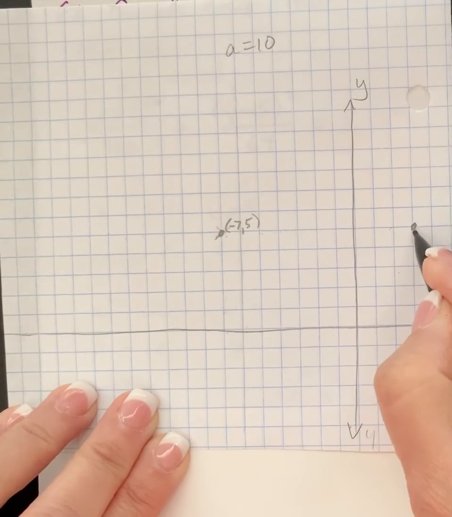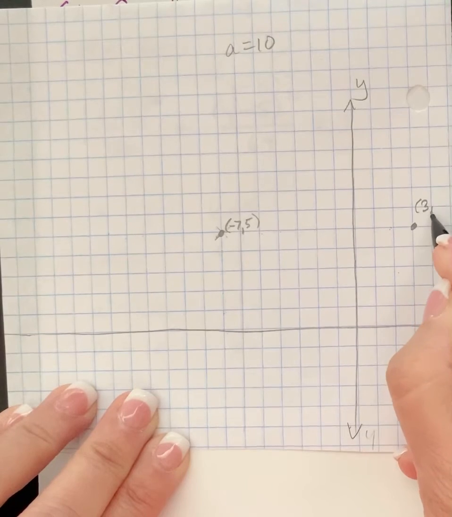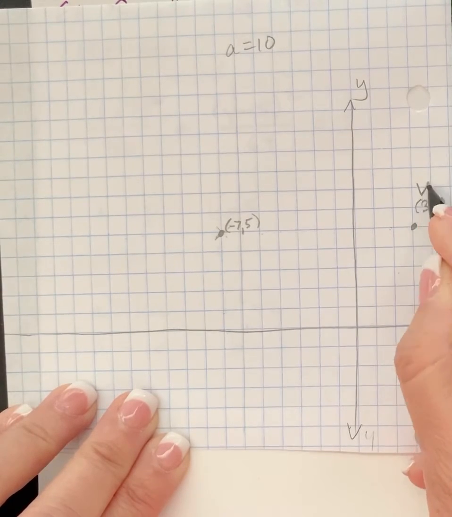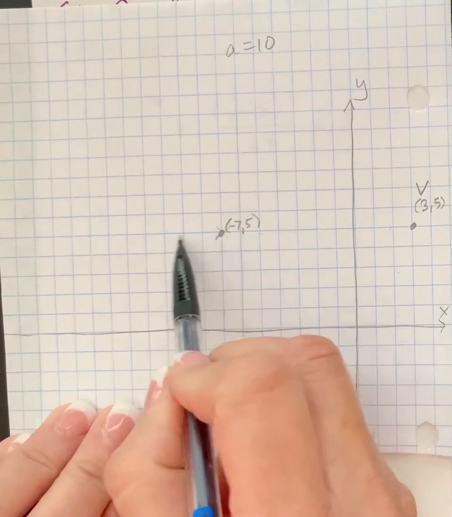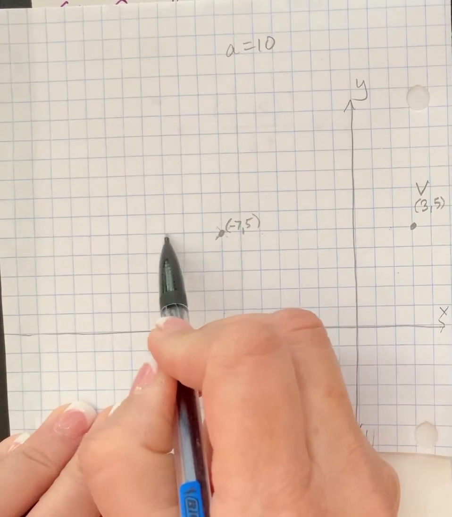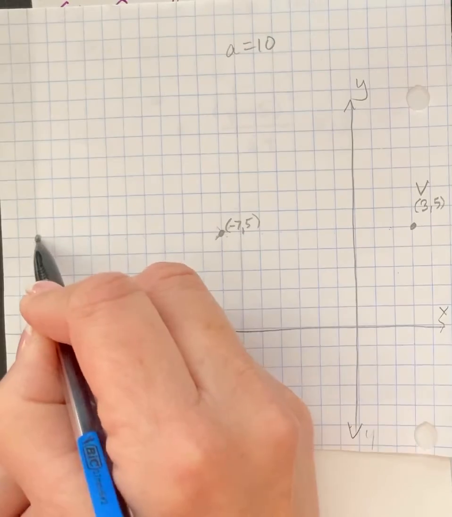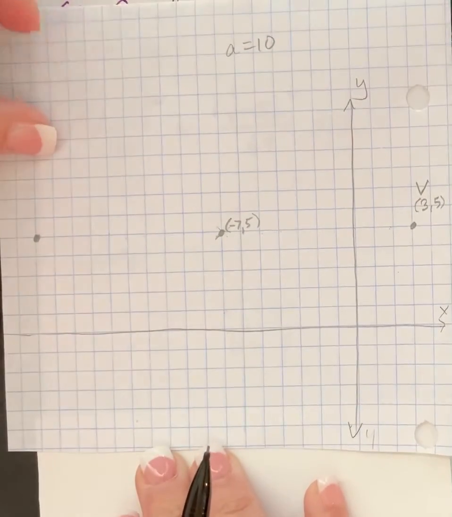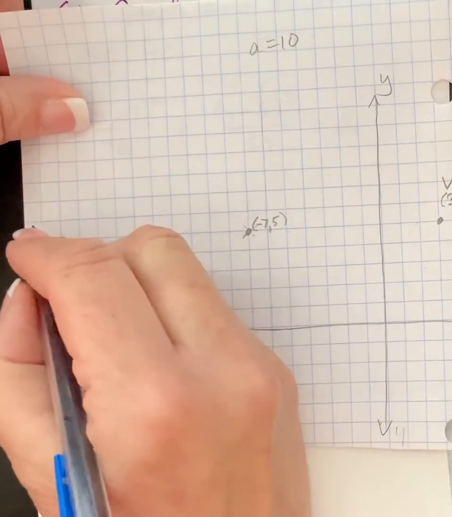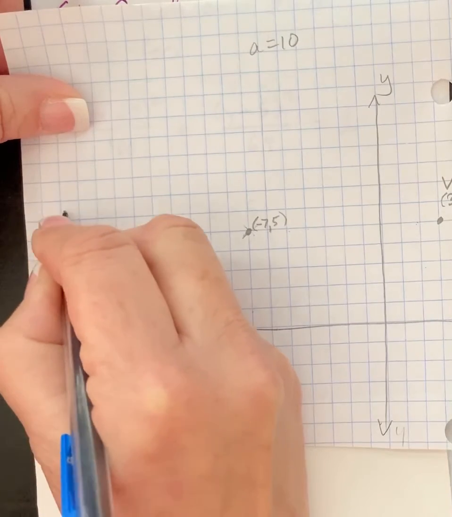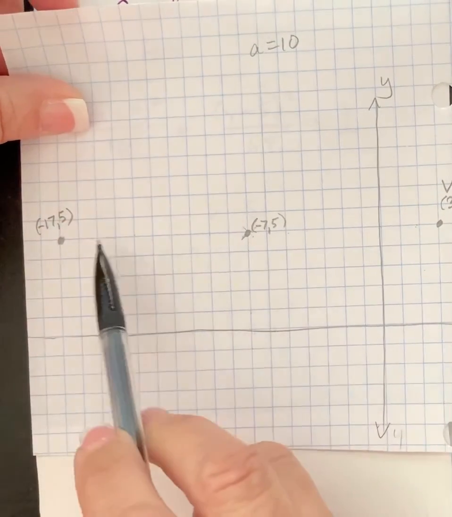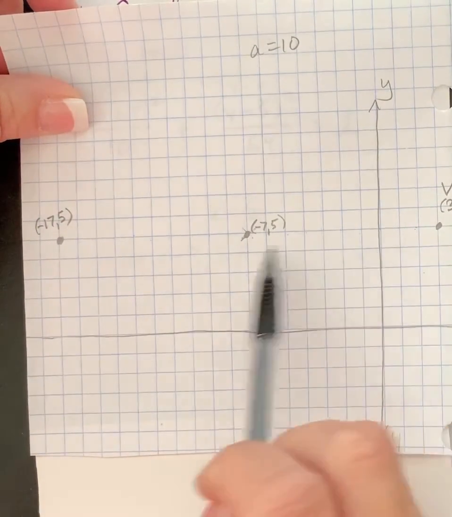So that'll bring me here to (3, 5). That's a vertex. And then if I go 10 the other way, 1, 2, 3, 4, 5, 6, 7, 8, 9, 10, that will lead me to another vertex, and that'll be (-17, 5).